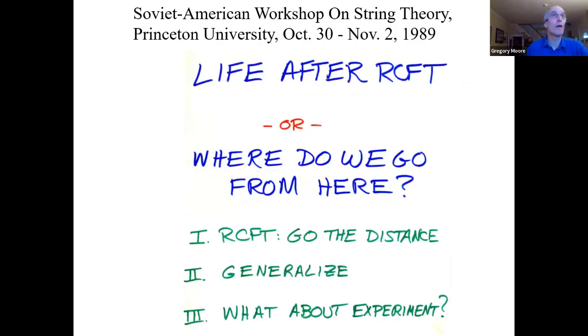So later that fall, I went to an important meeting, the Soviet American Workshop on String Theory at Princeton University, and I gave a talk summarizing a lot of the work I had done with Nadi on modular tensor categories and rational conformal field theories, and also summarizing this work I was doing with Igor Frenkel, which I had forgotten about.